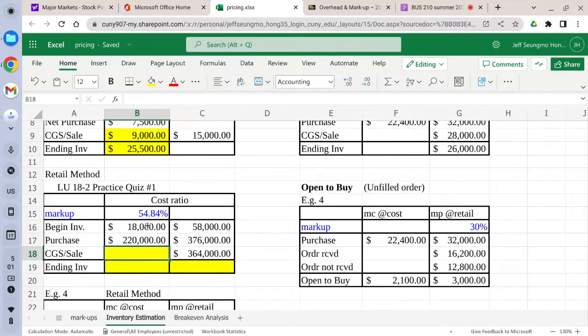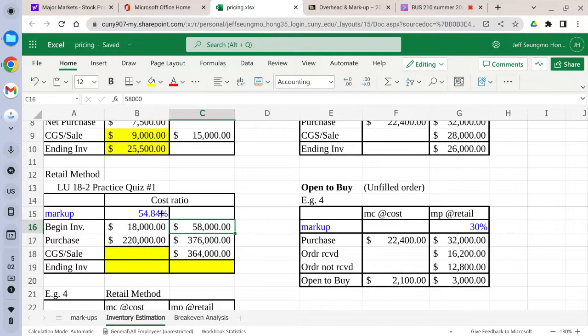So here now, inventory is expressed in both cost and retail price. That's called the retail method, because retailers can express their inventory in both, but for tax reporting purposes they must report in cost.